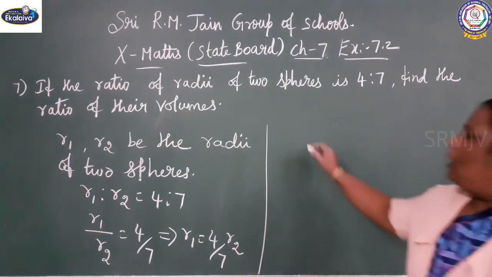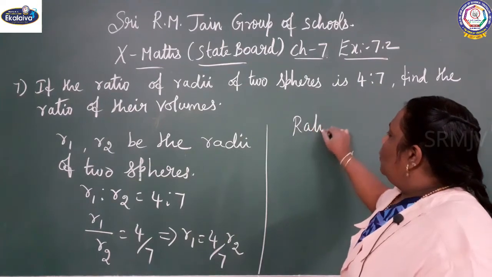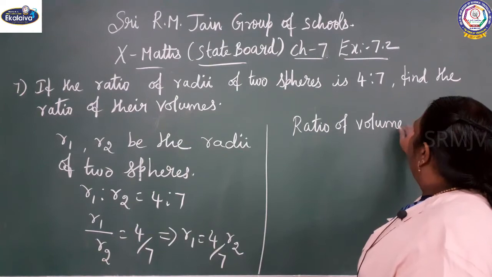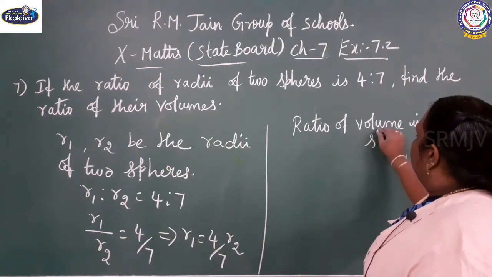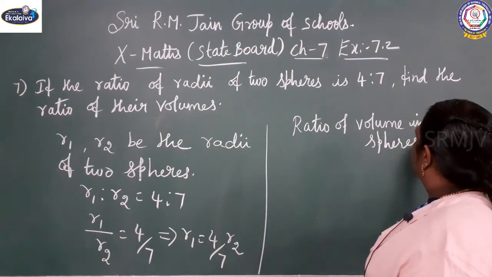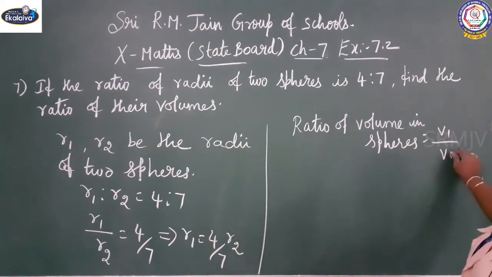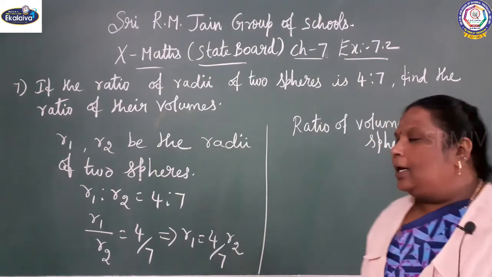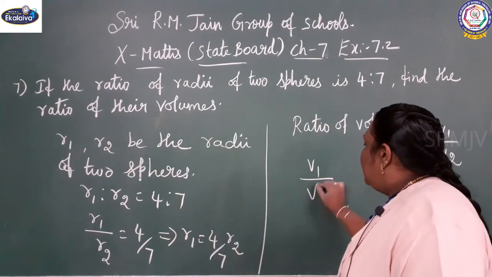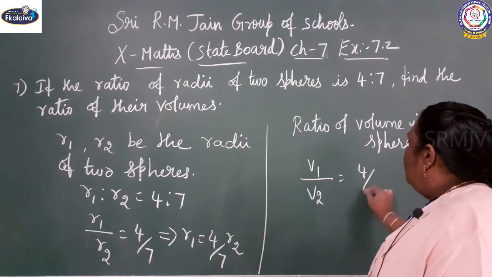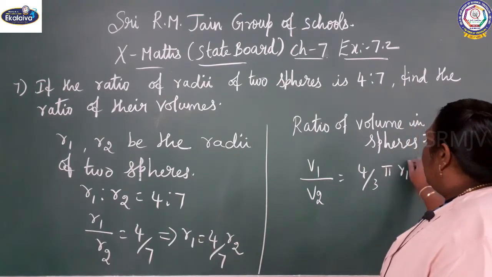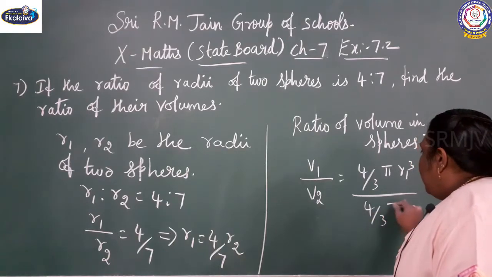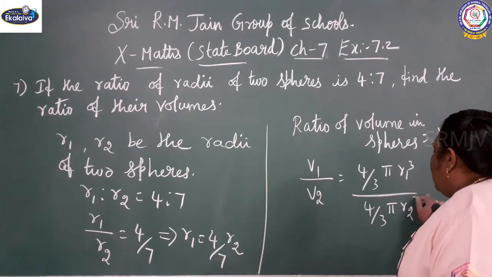See, the ratio of volumes of spheres, you can take it as V1 by V2. What is the volume of a sphere? 4/3 pi r cube. So V1 by V2 equal to 4/3 pi r1 cube by 4/3 pi r2 cube.